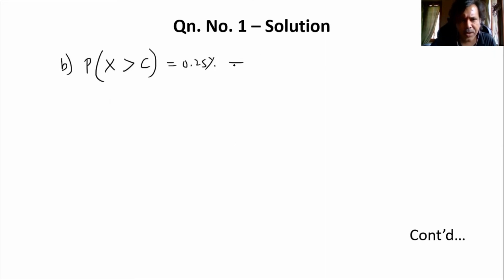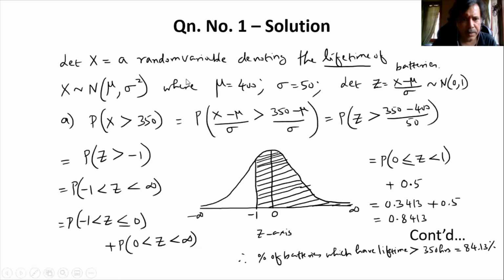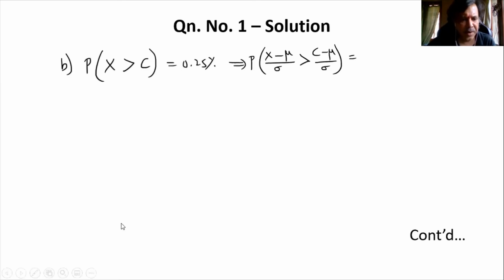Now again, the same logic, we will be subtracting both sides by mu and dividing both sides by sigma. Z greater than (C minus mu) by sigma, and that is equal to, I'm sorry, what is said there? 25% it is said. I need not write this percentage here. 25% is 0.25. Sorry.